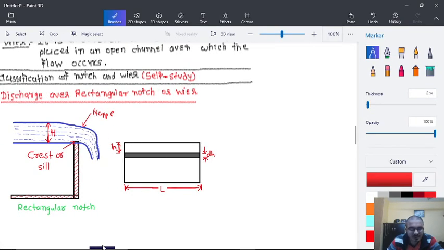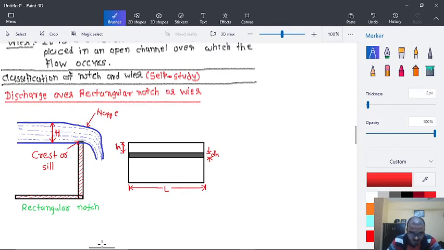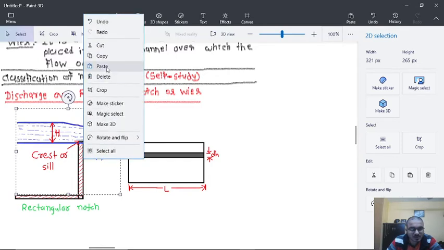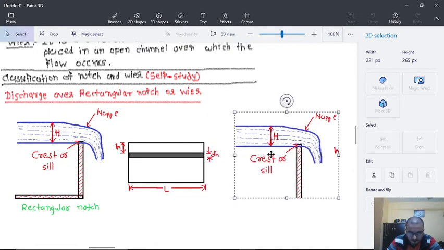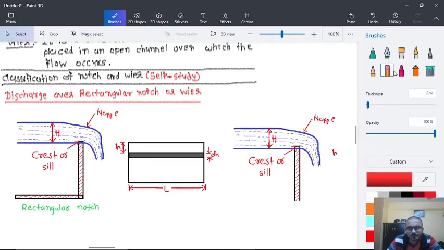And now we will be drawing the same for the weir. Weir is not that different, it is the same as this, like this. So this is for rectangular weir.